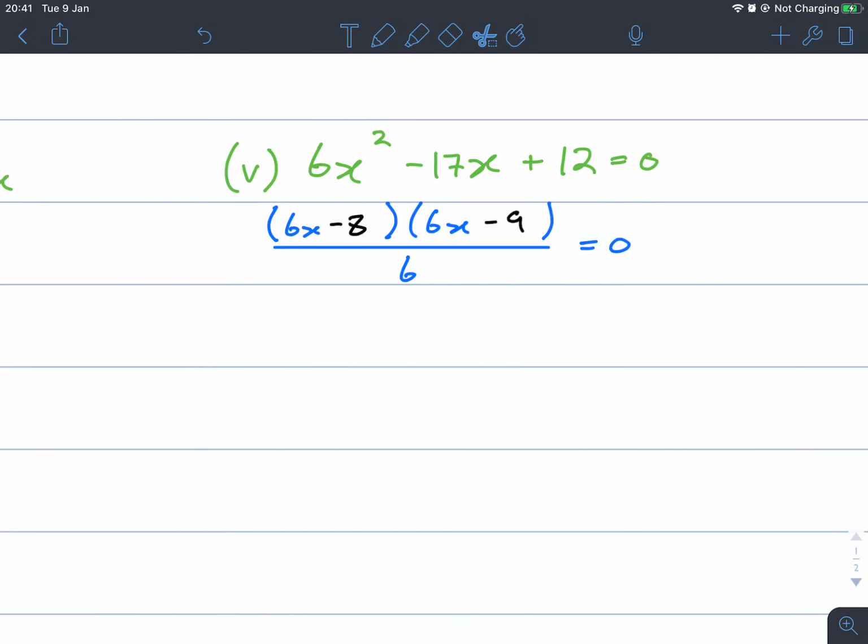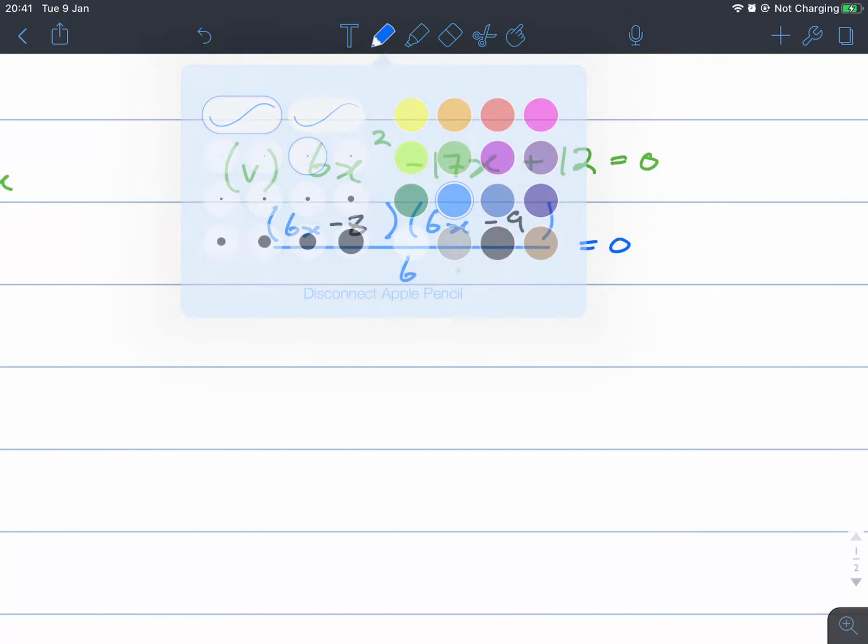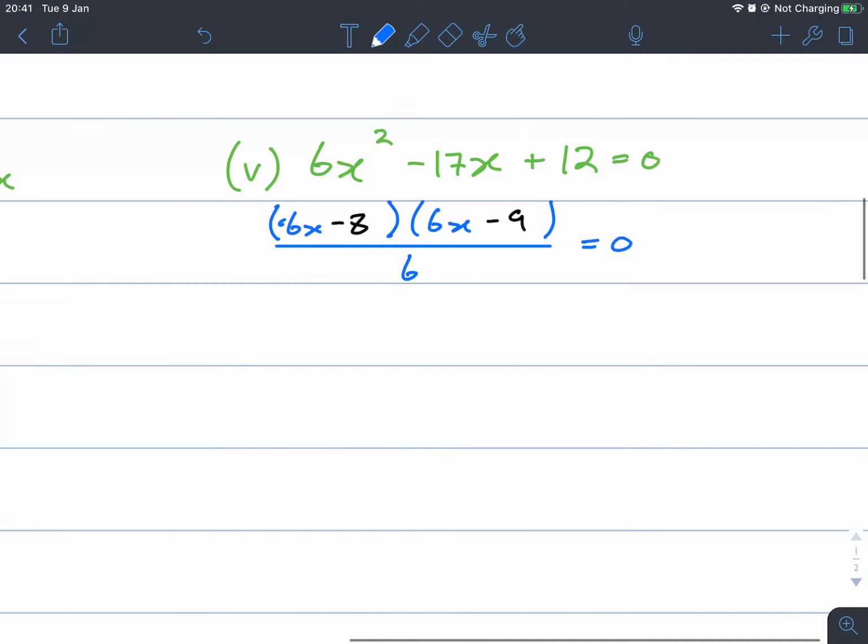Let's remove this. And now we still need to keep factoring this, so I can factor a 2 from the first one, so it's going to be 2 outside 3x minus 4, and I'm going to factor a 3 out from this one.